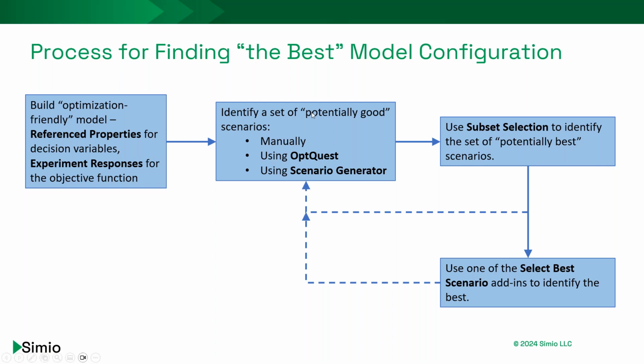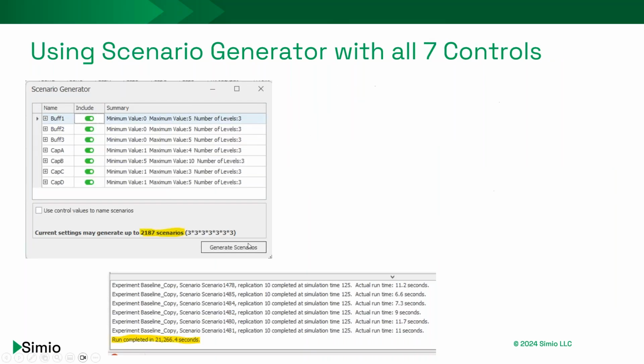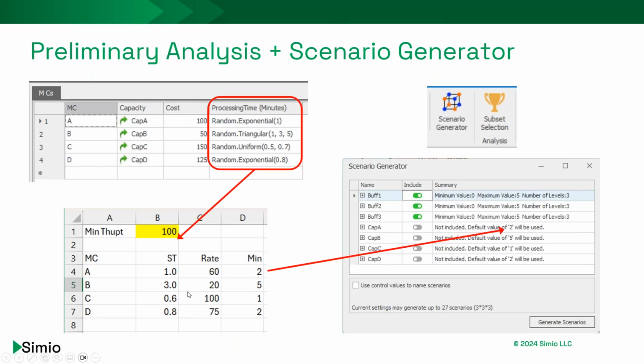So you'll note again, when we ran OptQuest, we totally ignored this minimum throughput, right? So we could have computed the minimum throughput and realized that we can't ever have less than 2 of machine A, or 5 of machine B, and 1 of machine C, and 2 of machine D, but we didn't do that. So in OptQuest, we just said, hey, start them at 1 and go to 10. And so as a result, when we ran OptQuest, we saw a whole bunch of configurations that ended up with that red shading because the solutions didn't meet the minimum requirement.